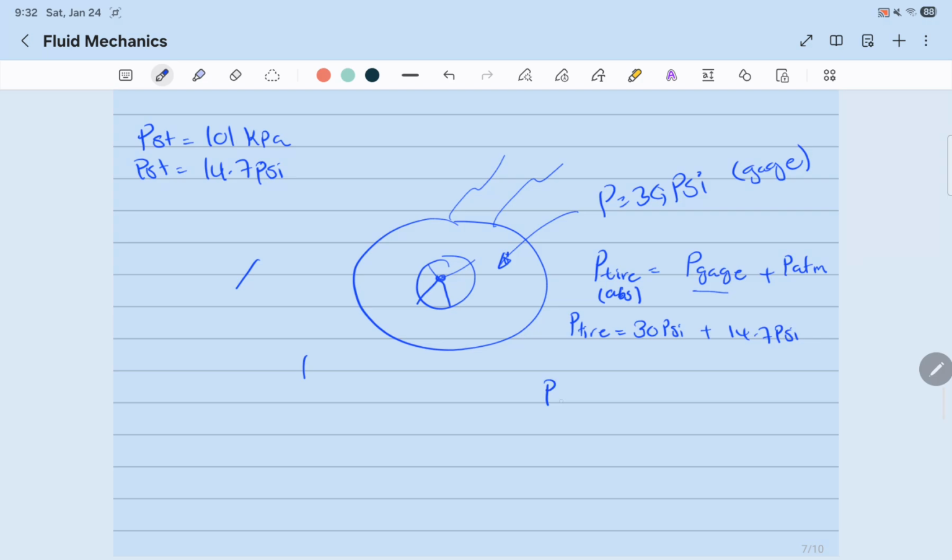Therefore, the pressure of the tire equals 44.7 psi absolute. You have to specify that it's absolute, because if absolute is not specified, people by default will understand it's the gauge pressure.